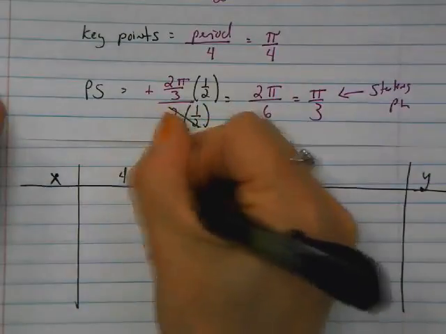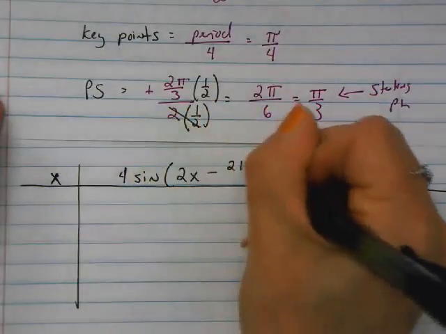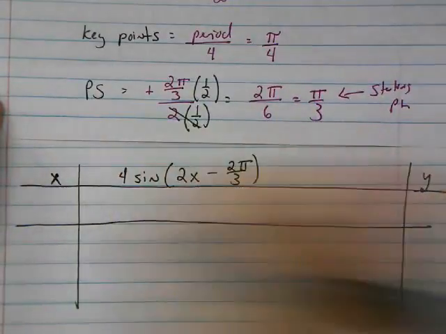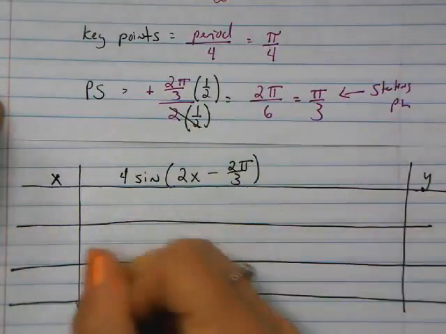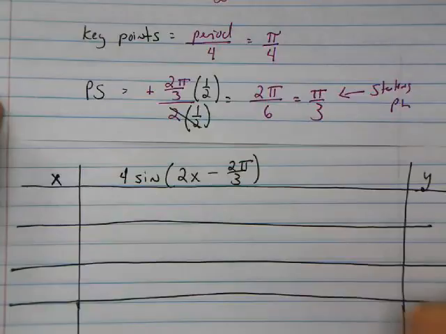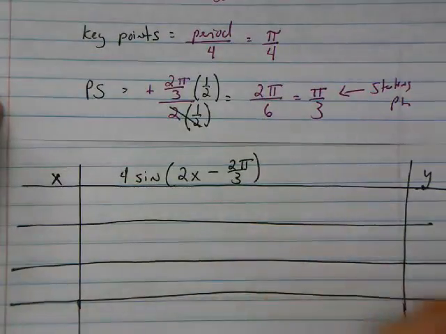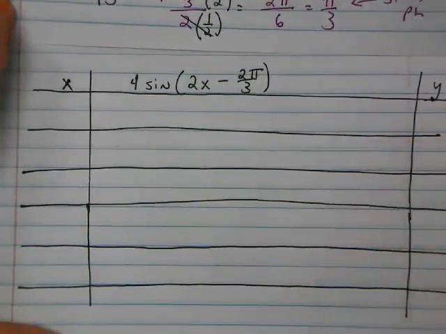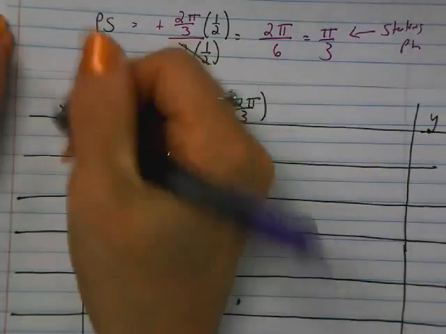My function I'm plugging into is 4 sine 2x minus 2 pi over 3. I'm going to need 5 rows in my chart. And I'm actually leaving myself an obscene amount of room because it's not going to be anything you guys are going to want to do repeatedly. So we're going to have to find a better way to handle this. So do you agree that pi over 3 is my beginning number?